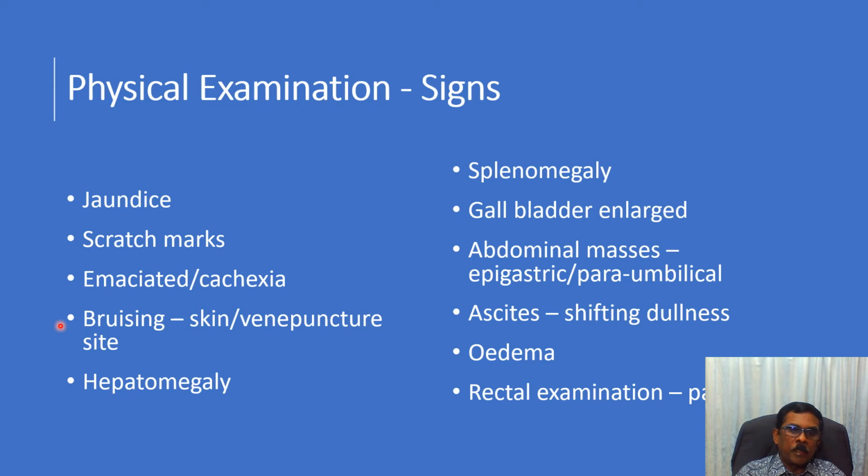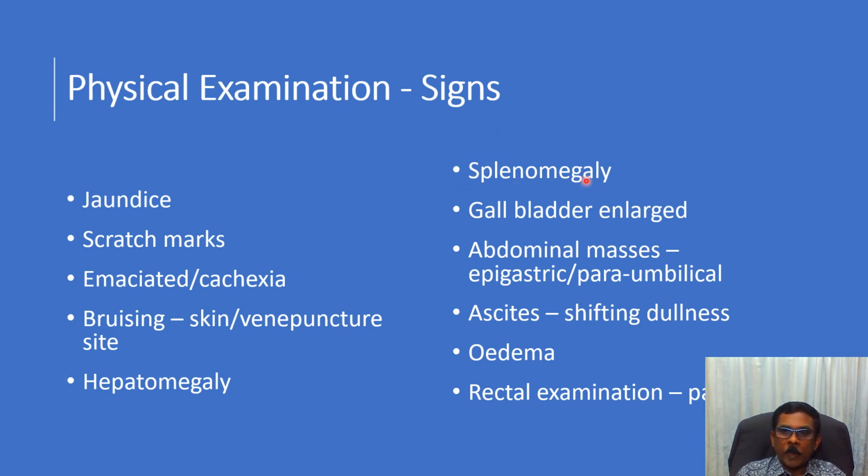There is easy bruising due to lack of vitamin K, which is not absorbed due to the absence of bile in the small intestine, and hepatomegaly, which is due to congestion of the liver with conjugated bilirubin, which is not able to be secreted into the bile ducts.